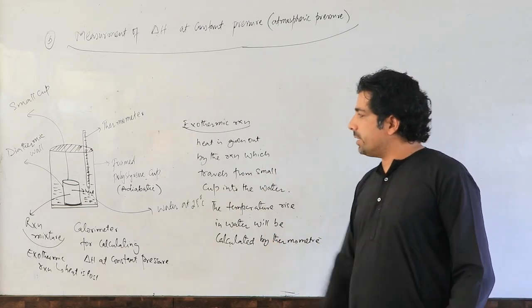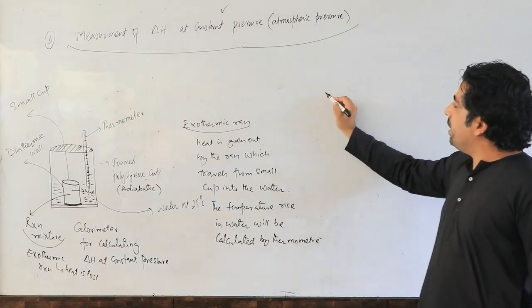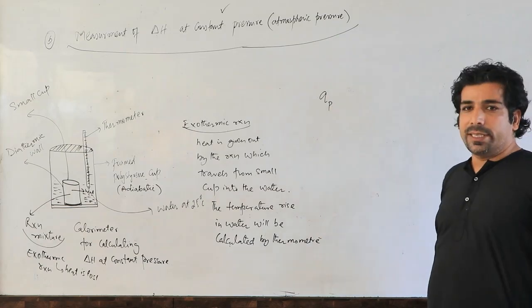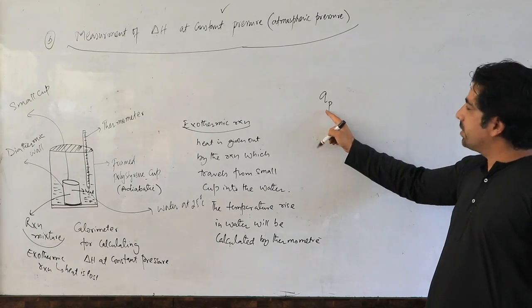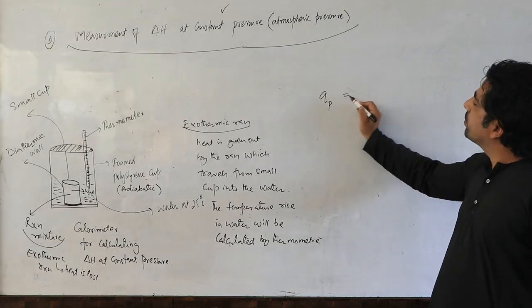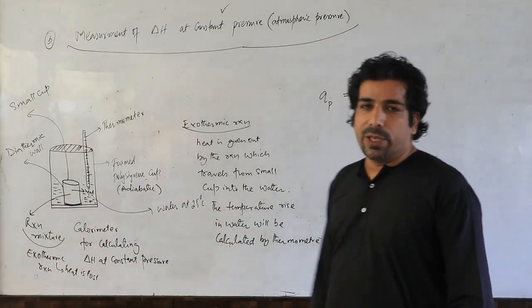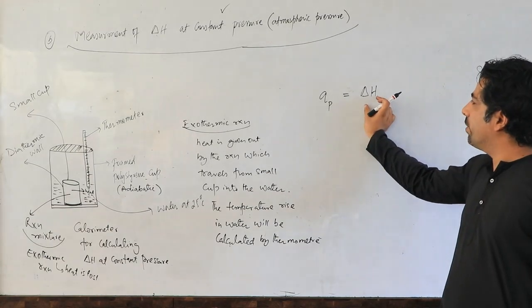And we know that this entire process is taking place at constant pressure. So that means the heat will be written as QP, that is the heat absorbed by the water. And you know that in previous classes I have also told you that QP is equal to delta H, the change in enthalpy, my dear friends.